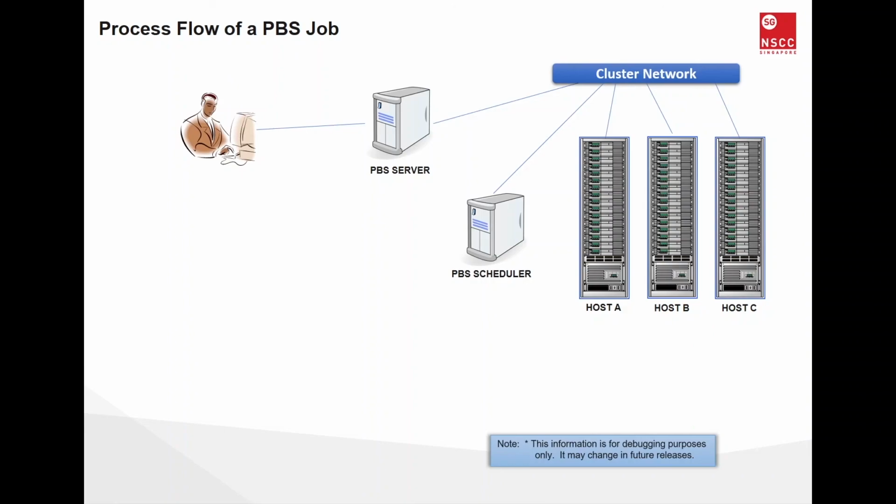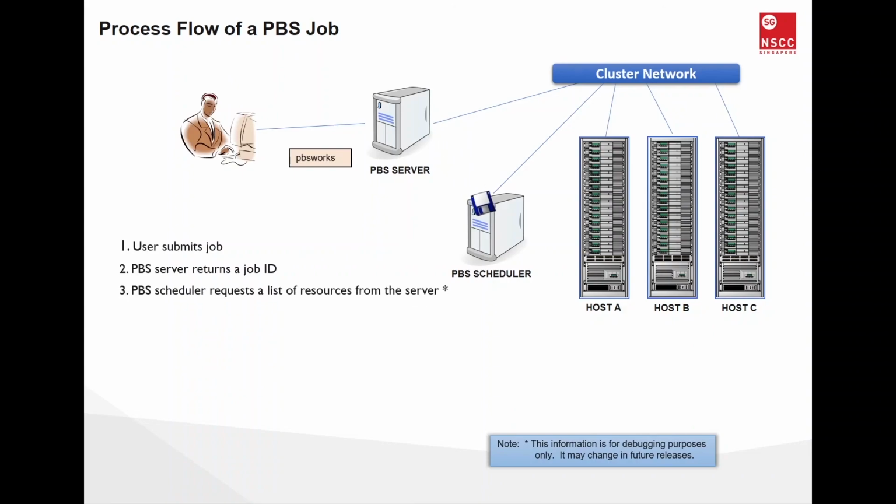At first, let's look at the job flow. We can see the steps here one by one. At first, a user submits a job and PBS receives the request and returns with a job ID. The job ID is the identifier for the job lifecycle. The job lifecycle is from the job submitted until the job is finished plus 1 hour of history time.